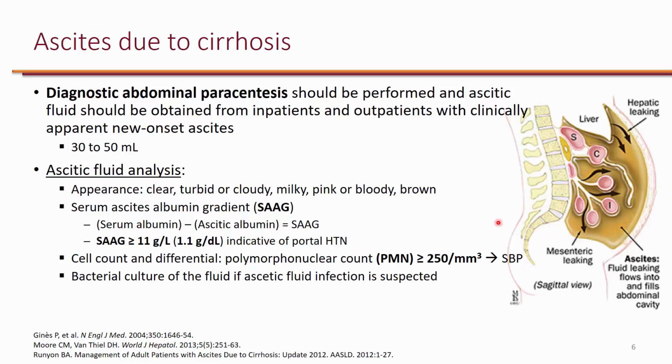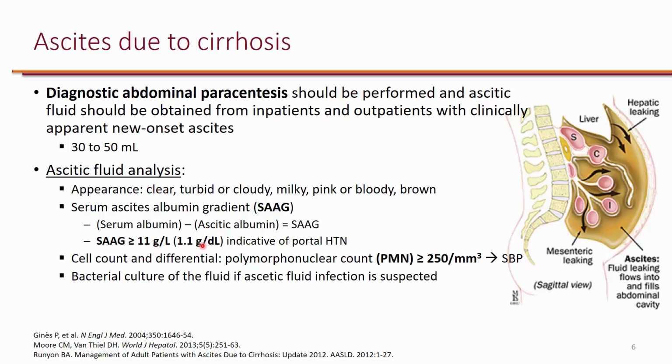So whatever this patient's serum albumin is, you subtract whatever albumin is in the ascitic fluid, and the difference will be the SAAG, or serum ascites albumin gradient. Now this will tell you a lot of information. So if this number is, depending on what units your laboratory uses to report these numbers.